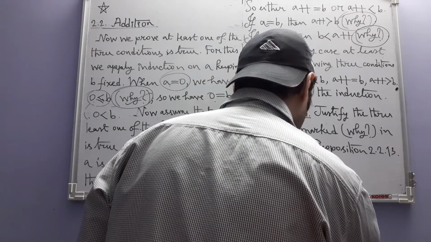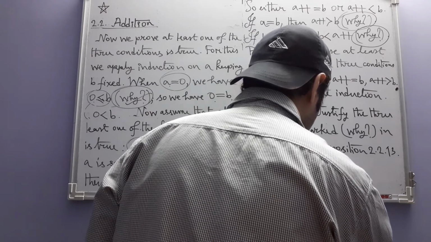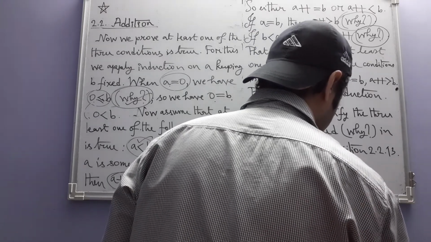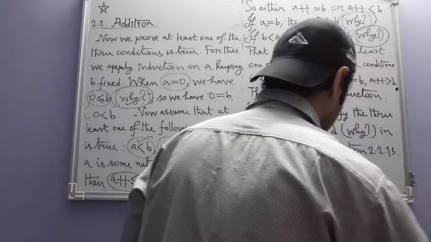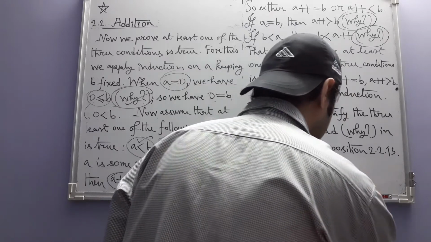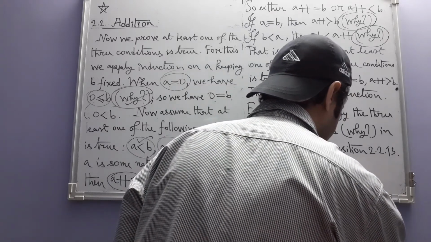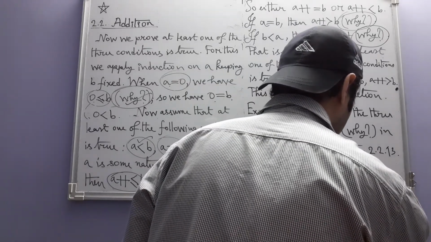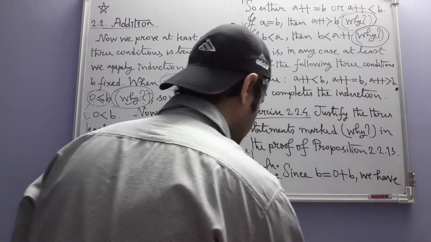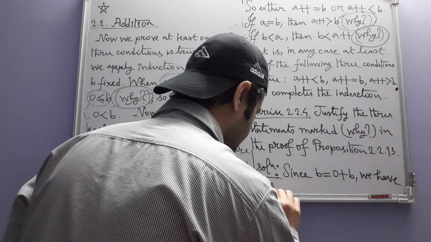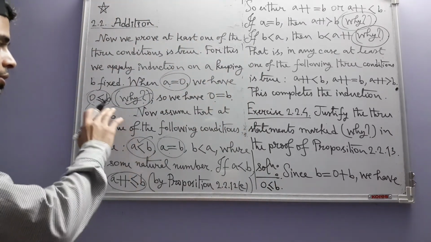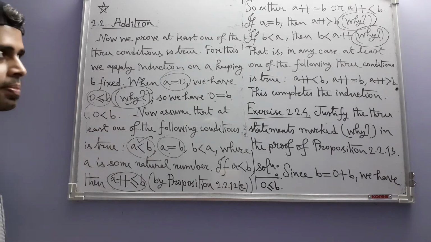Since b is equal to b plus 0, or keeping the order of the things intact in the definition, b is equal to 0 plus b, we have 0 less than or equal to b. So that is the reason we have this.